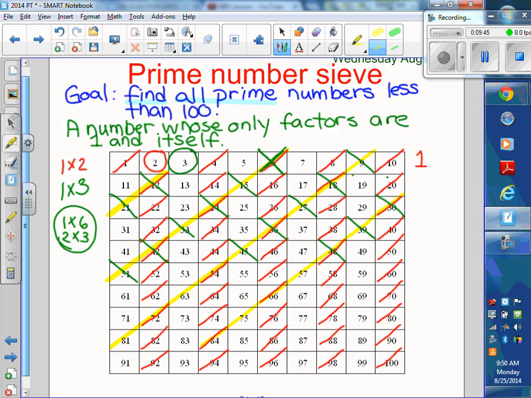And everything that's circled in the end is going to be a prime number. So after 33 and 36 and 39 and 42, 45, 48, 51. The next unmarked multiple of 3, if you've noticed, is 60.